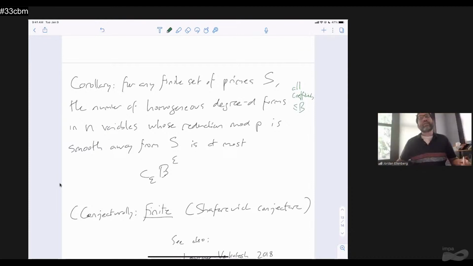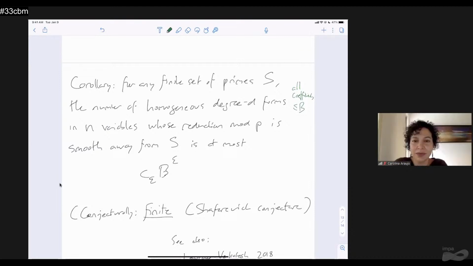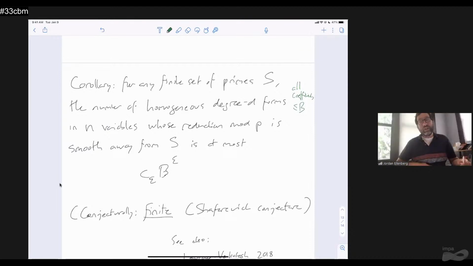Oh, that is a great question. And I would say I'm pretty sure that's not known. I always think it's easier over function fields, but it varies a lot how much easier.